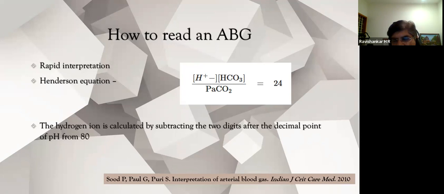Normally the alkalotic pH will go to 7.5, 7.55 maximum. But acidic pH can go down to 6.8 and all that, which is incompatible with life. So why is the pH generally alkalotic rather than acidic? Anybody?